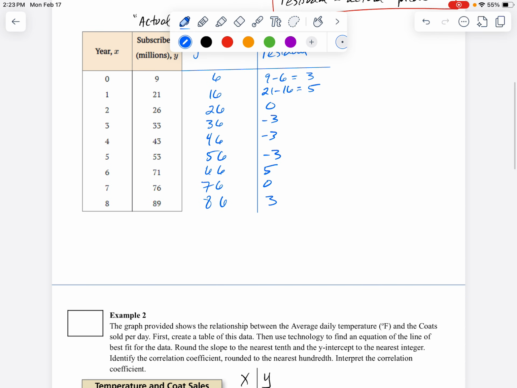Let me write this over here. The model is a good fit if, I'm looking for two things.